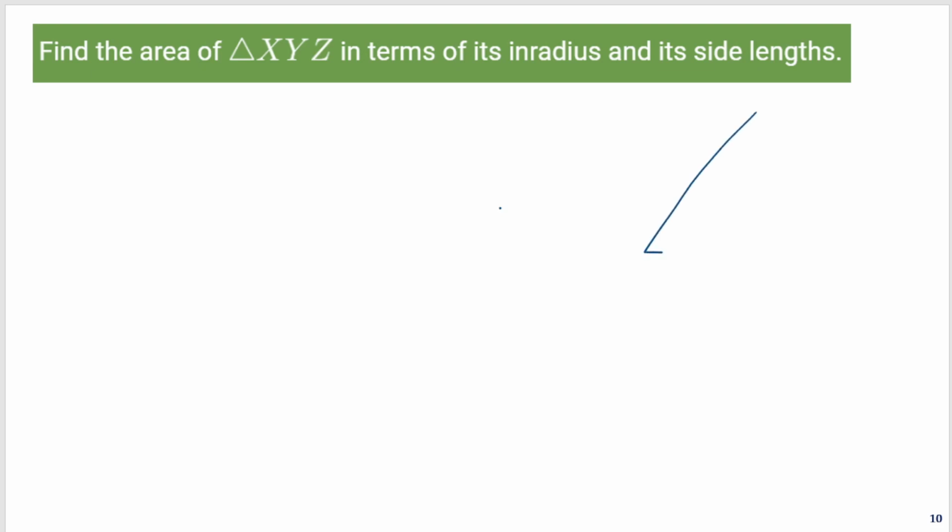So suppose we have a triangle XYZ and an incircle with it. Can you find the area of triangle XYZ in terms of its inradius? Inradius is the radius of the incircle, right?